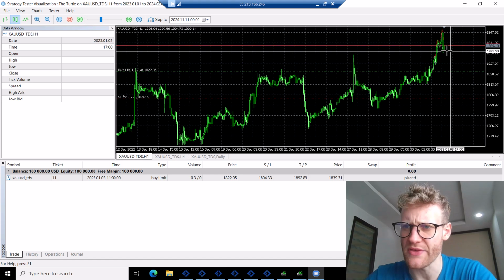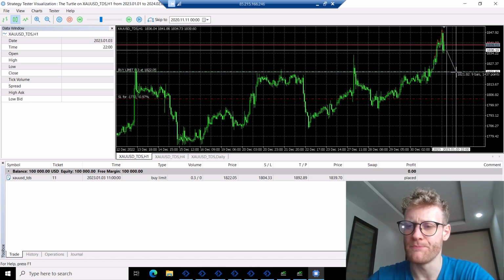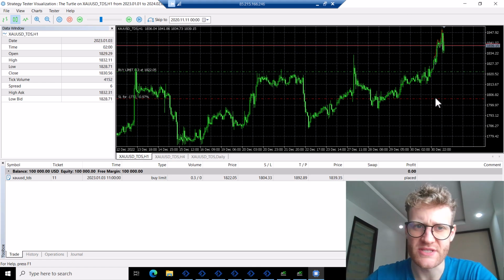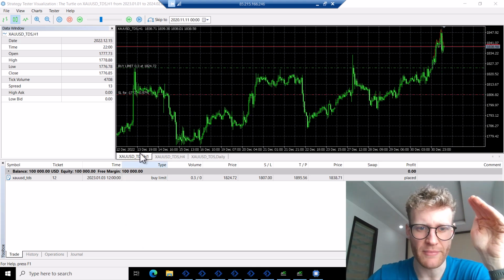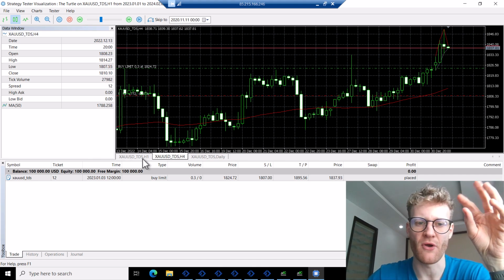So you can see with the next bar, we place this buy limit order, and it's around 14 US dollar below the current price. It's a buy order because we do have this buy signal from the moving average.